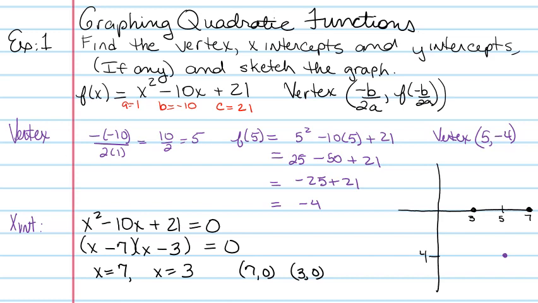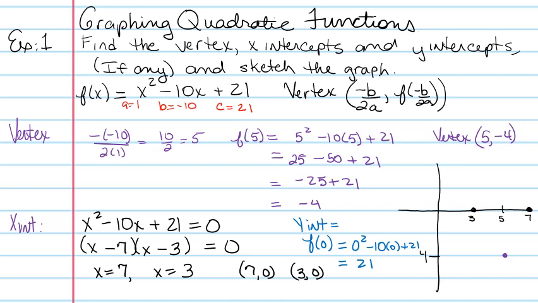Okay, and then we'll do the y-intercept. The y-intercept is the easiest one. The y-intercept, all we do is plug in 0. And then that would give me 0 squared minus 10 times 0 plus 21. And so that's going to give me 21.